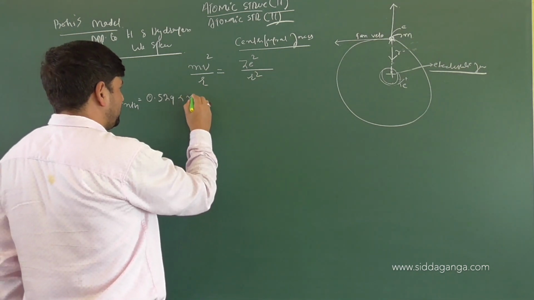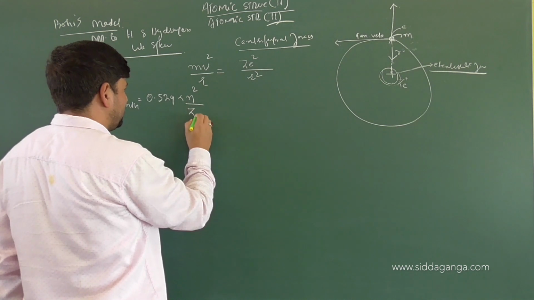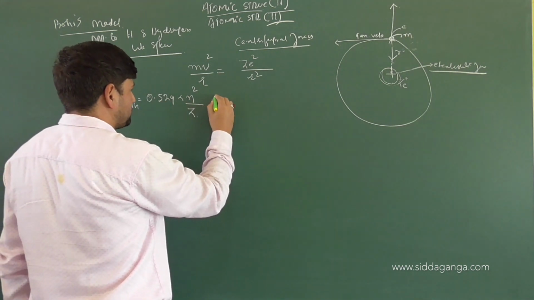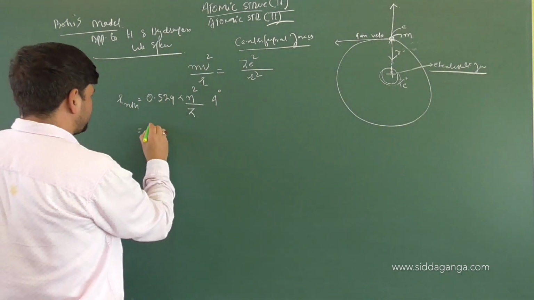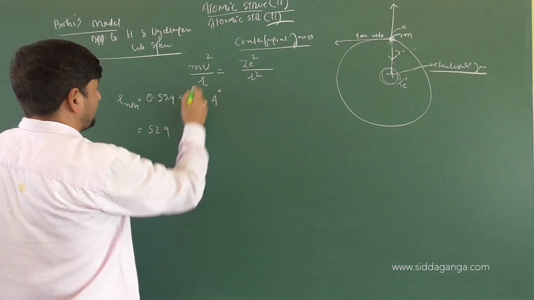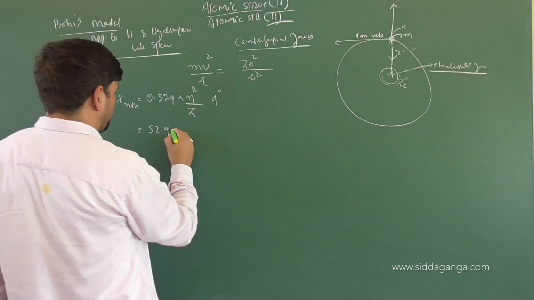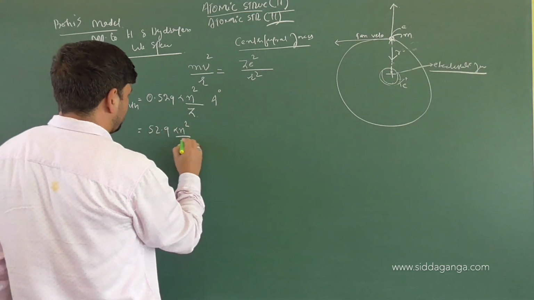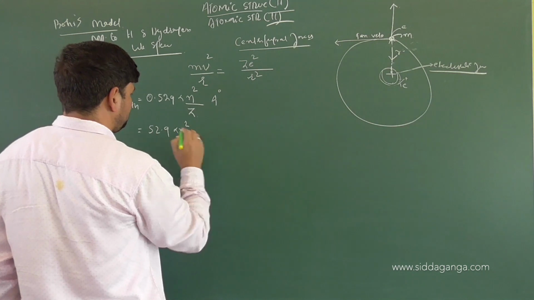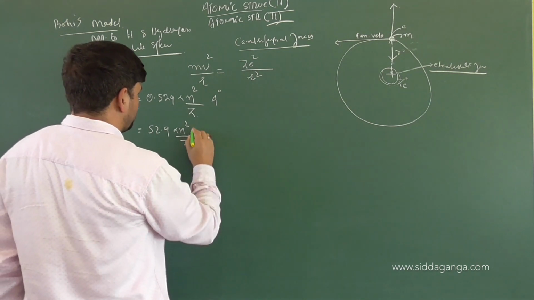So into n square by Z in terms of angstroms. In terms of picometers it comes to 52.9, because of the mathematical derivation, which is not needed for us, so it is 52.9 into n square by Z picometers.